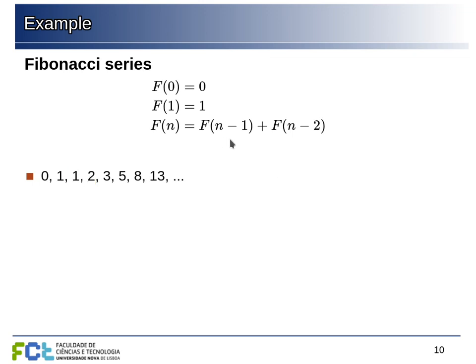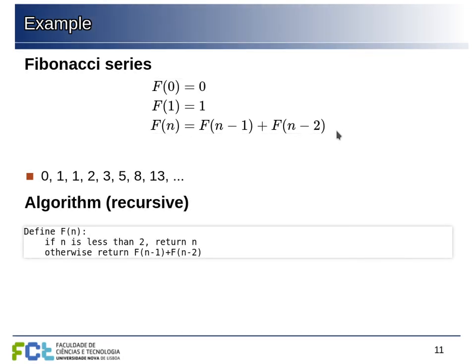Now, if we wanted to implement an algorithm to compute this, it's very easy just to follow the structure of this mathematical definition. So we have these terminal cases, 0 and 1, and then we have a recursive definition for the Fibonacci numbers, and we can just implement that simply.